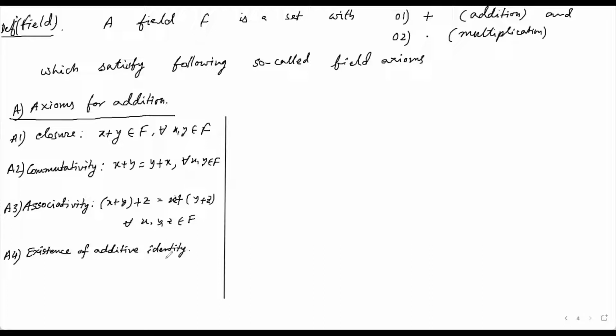It says that there exists an element denoted by 0 in F such that x plus 0 equals 0 plus x equals x for all x belongs to F. And 0 is called the additive identity.